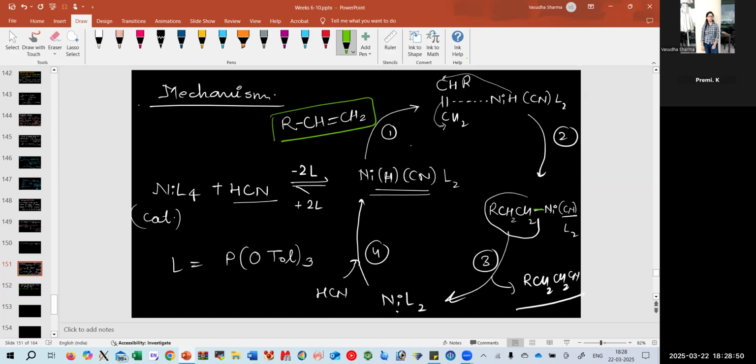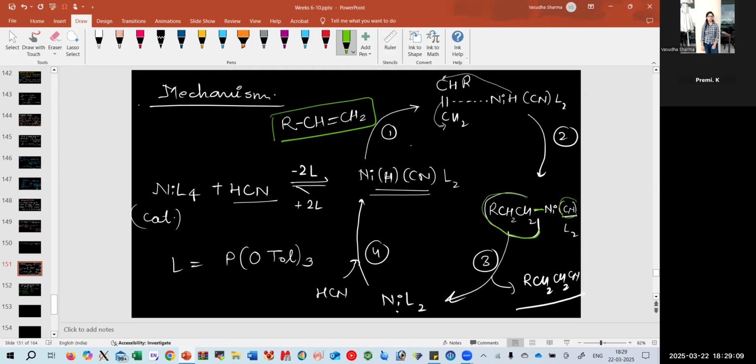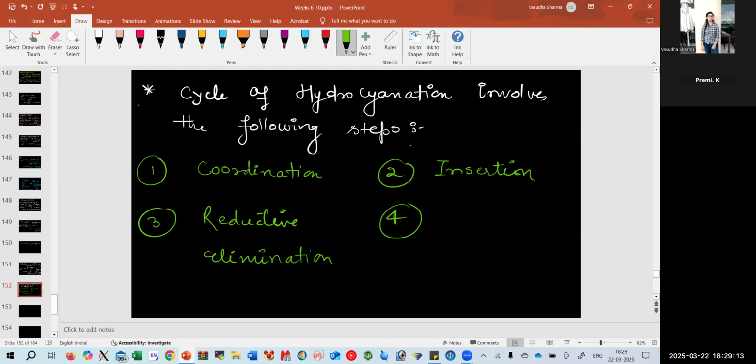Now at the third step, this RCH2CH2 moiety and the CN moiety undergo reductive elimination, forming a product. So your third step is reductive elimination. And the last is the introduction of HCN again, which is your oxidative addition.